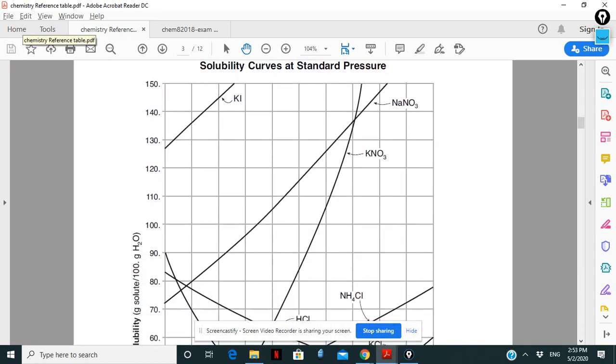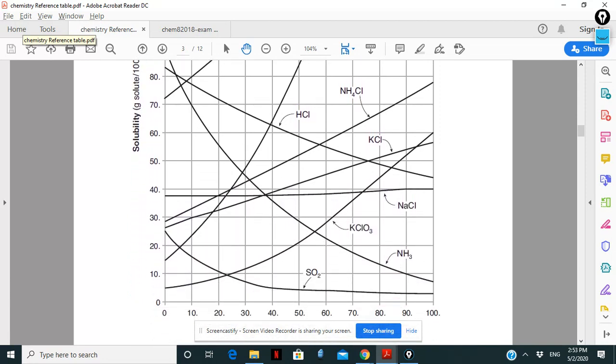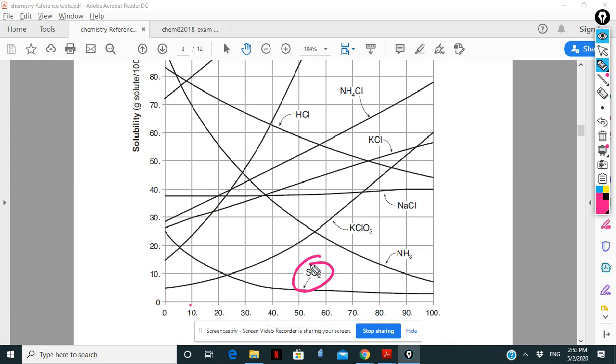Okay, here it is, and I'm looking for sulfur dioxide. Here is the sulfur dioxide. So he said at 10, and that's going to be approximately around 15, 16. We have a range, so don't be scared about that range. So around 15, 18. Okay.